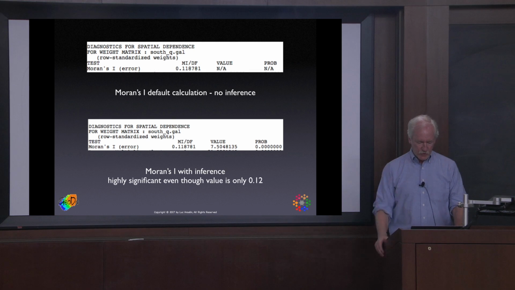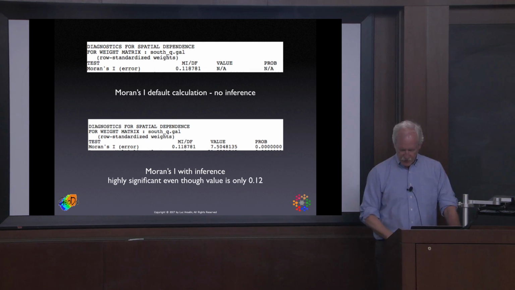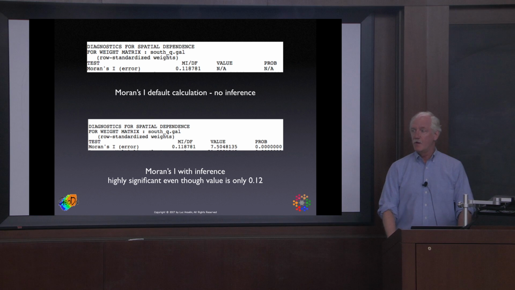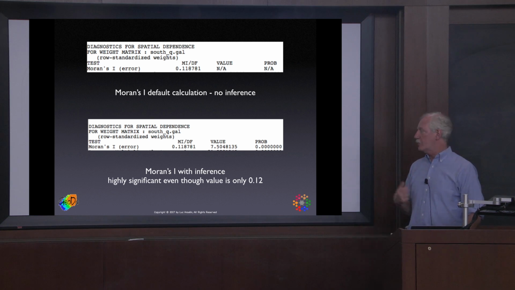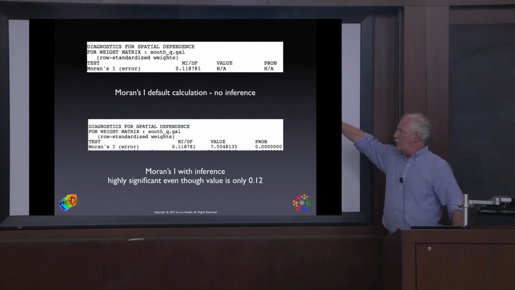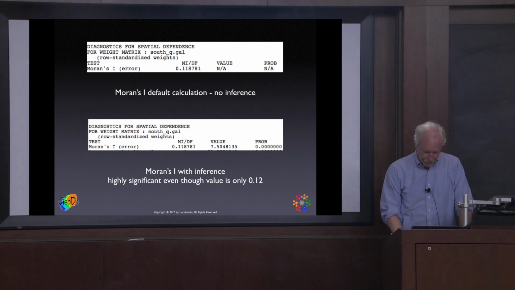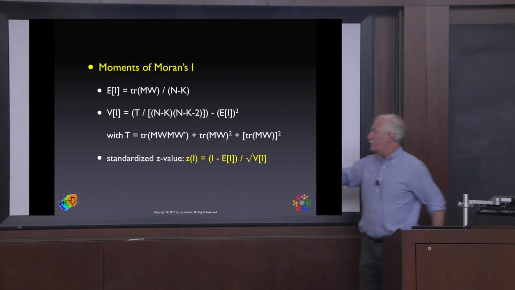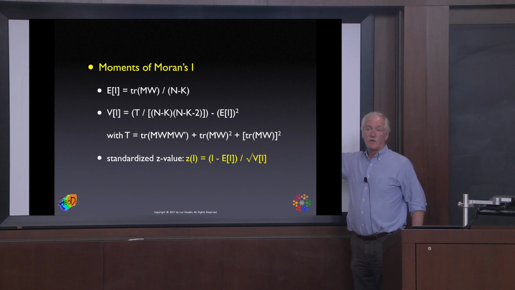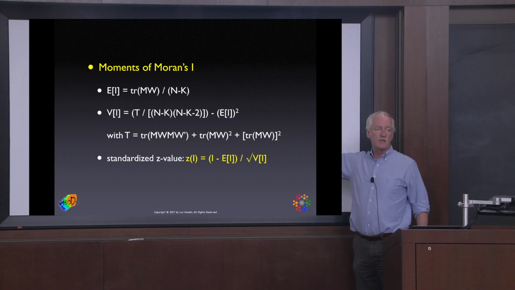So this is what it looks like if you run GeoDa. If we have time, I'm going to run a little bit of a demo later, or else I'll do it on Wednesday. The result on the top is kind of the default. And why is that? It's because of this. You see these monsters? These are traces of big n by n matrices.